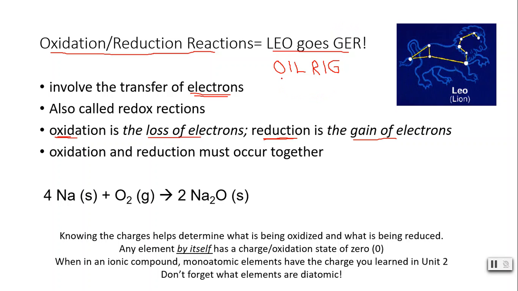Or you can remember oxidation is loss and reduction is gain of electrons. Whichever one floats your boat and helps you to remember the definitions of oxidation and reduction and what an oxidation reduction reaction is.